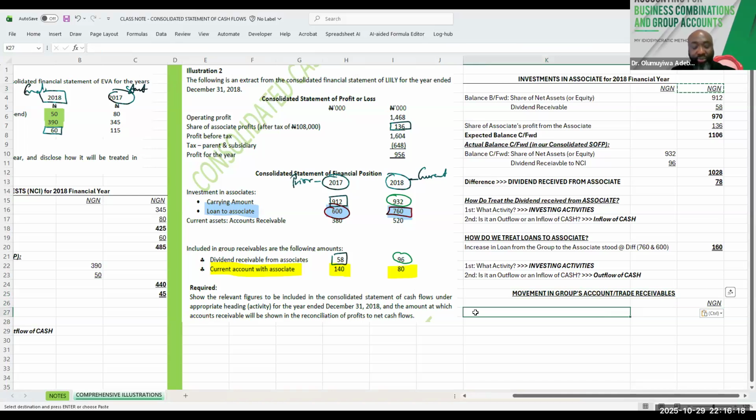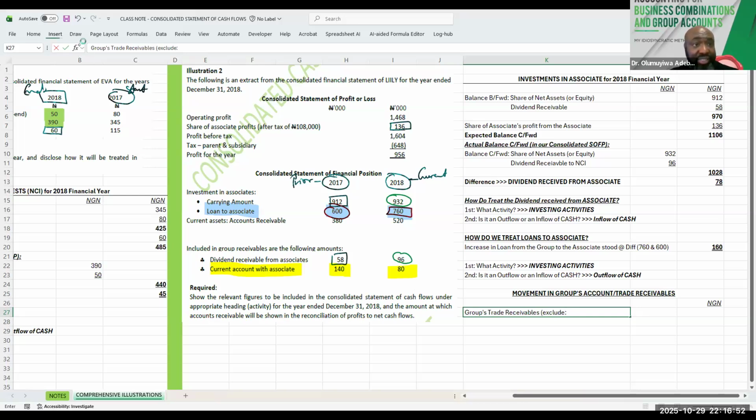Now, what is my group trade receivable? A group trade receivable, we have to exclude items that we have already considered on the separate line. And what are we going to exclude? Remember, we have already used up the dividend receivable from associates.